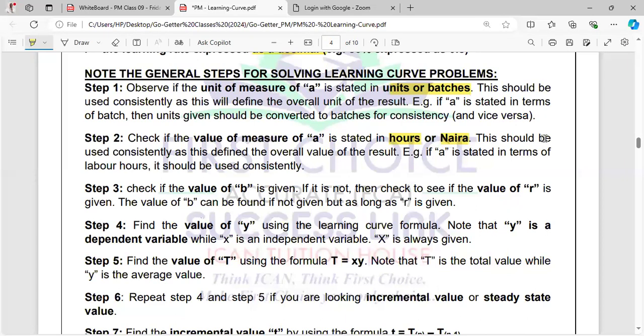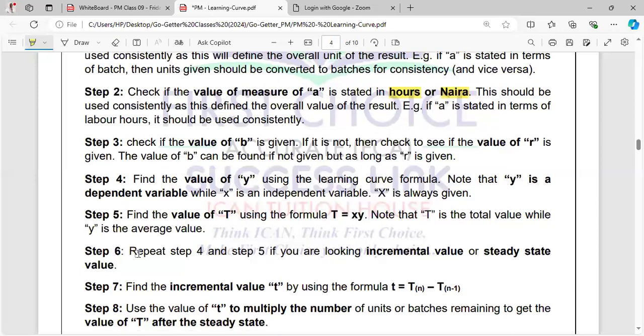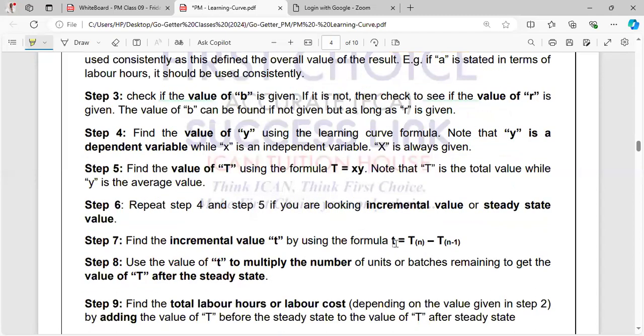That's step 5. Then if we are looking for incremental value, you repeat steps 5 and 6. Then you look for the incremental value t by using this equation. We'll get to that. Then use this value of t to multiply the number of units or batches to get the remaining value of t after the steady state.